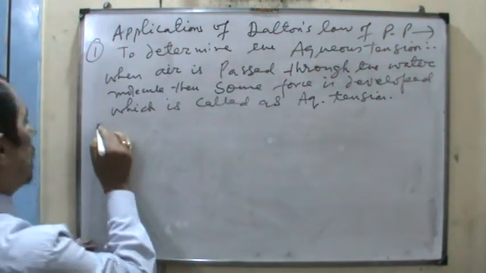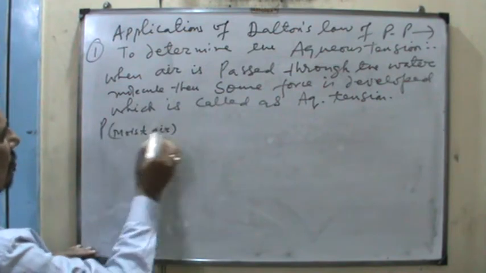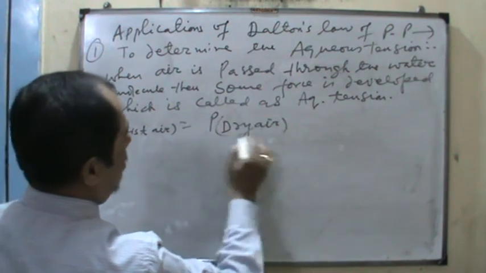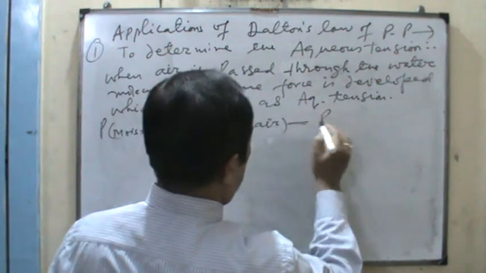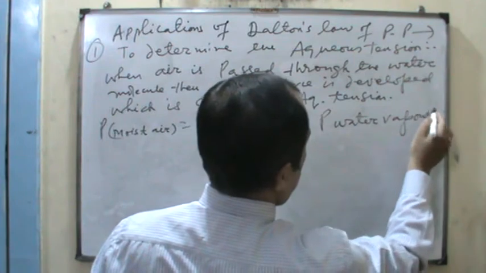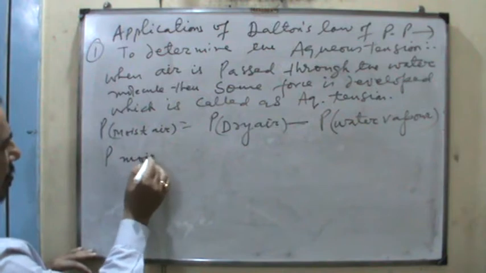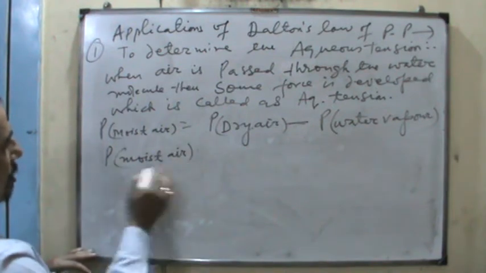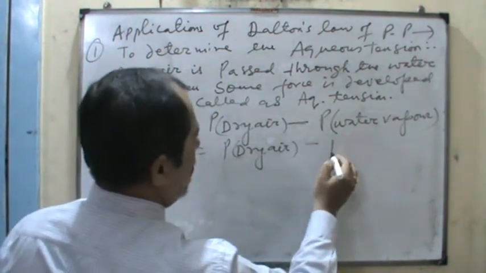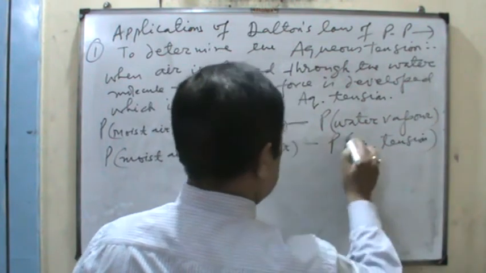Pressure of the moist air equals pressure of the dry air minus pressure of the water vapor, which is actually the aqueous tension. So pressure of the moist air equals pressure of the dry air minus the aqueous tension.